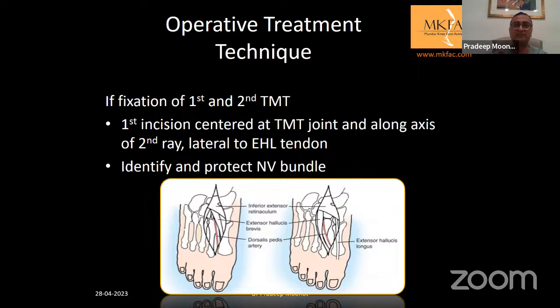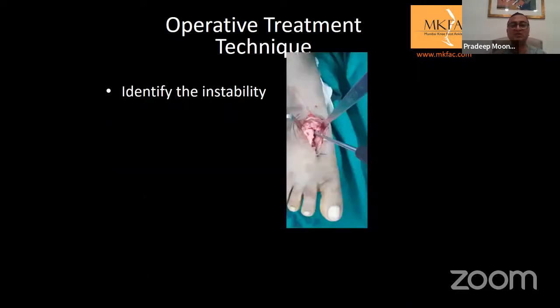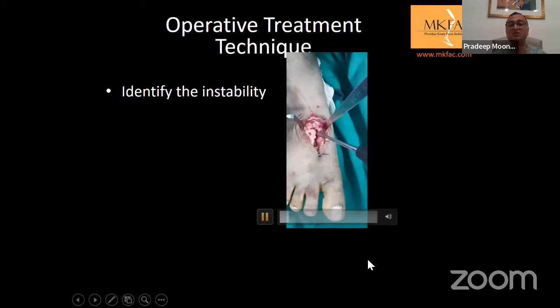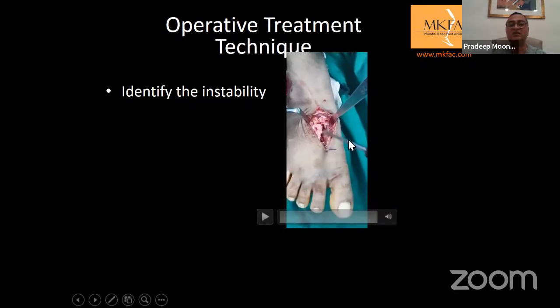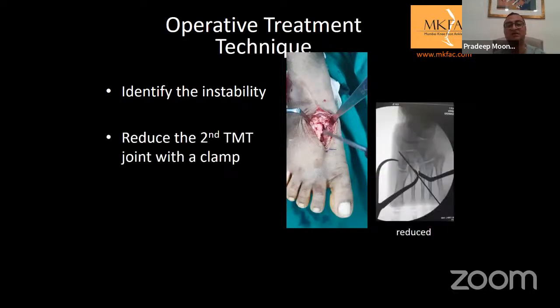But be careful to do a blunt dissection and expose the TMT joint. So here, as soon as I've taken my skin incision, you see how you can identify that, I put my periosteum elevator into the first web space, between the first and the second metatarsal, and you can see the instability.